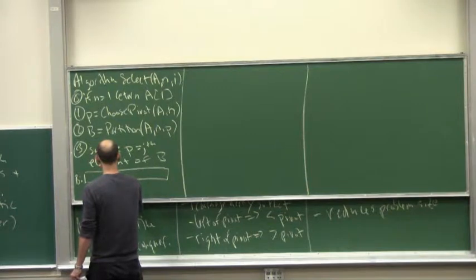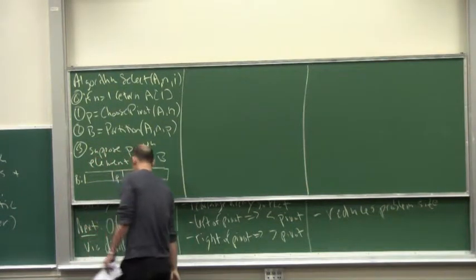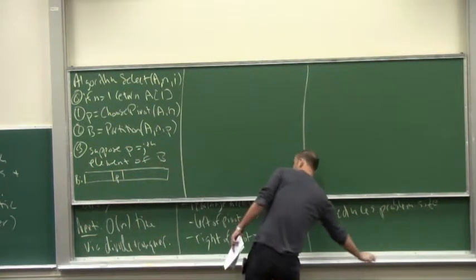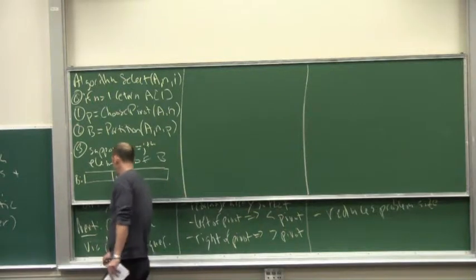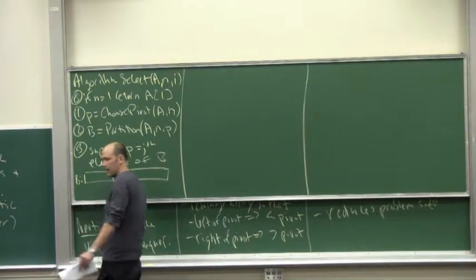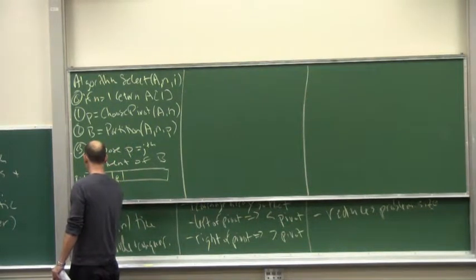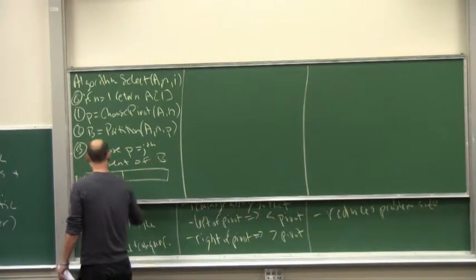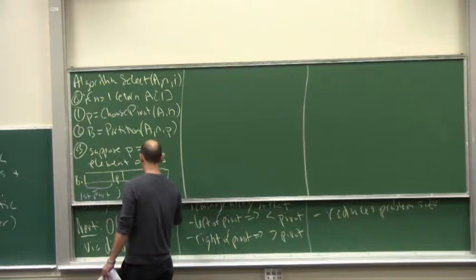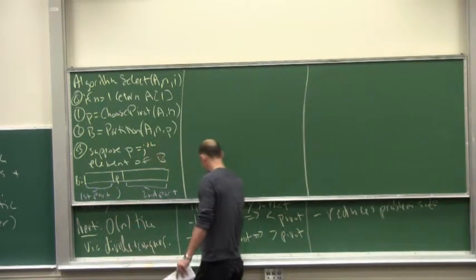So the pivot winds up somewhere in index j, where j could be anything between 1 and n. We're going to call this the first part of B. We're going to call this the second part of B. Okay, the pivot is in neither part.